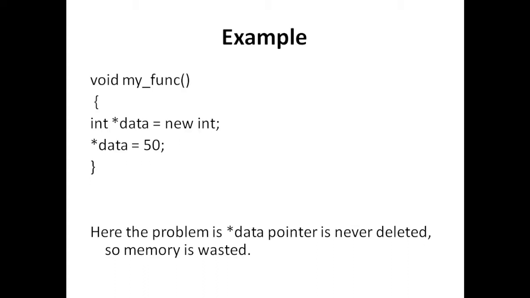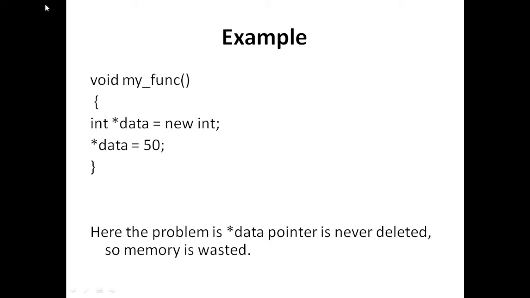There is a pointer named data, and the problem is this pointer is not deleted and the memory is wasted here. We don't have much code here. This is called a snippet, a part of the program.